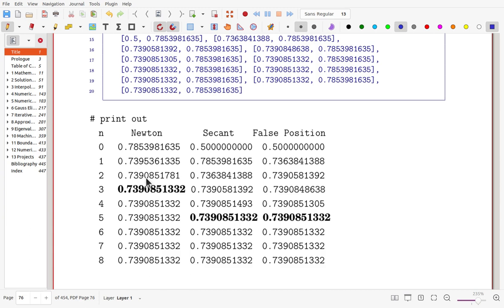In many cases the secant method is faster, and false position is around the secant method. Some people like that, but in higher-dimension applications, usually the secant method is used.